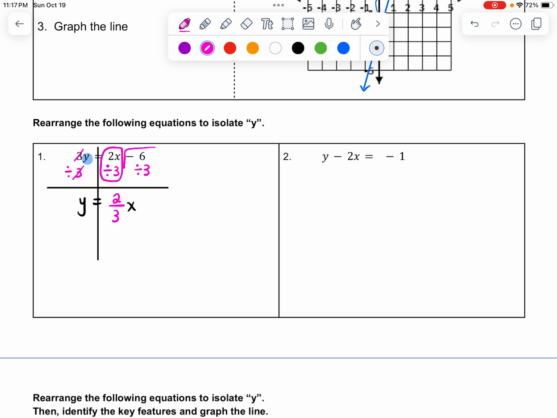And then negative 6 divided by 3 is negative 2. So when you are multiplying or dividing, in this case it's dividing, when dividing, you have to divide everybody.